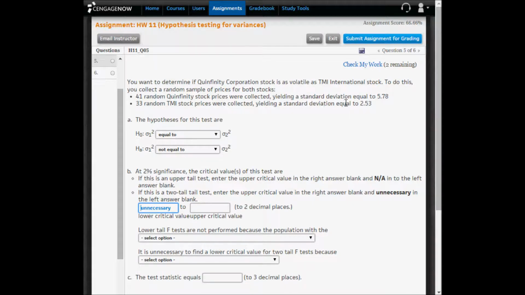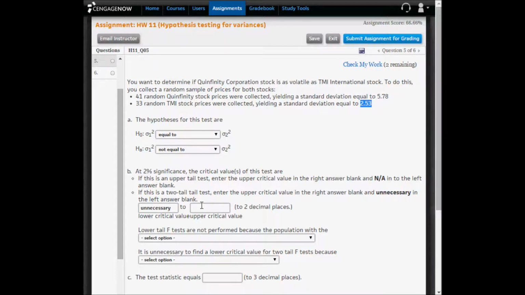Since the largest sample standard deviation is 5.78, then that corresponds to Quinfinity stock price. The sample variance, this squared, for Quinfinity stock price will be put in the numerator of the F statistic. And the square of this will be put in the denominator of the F statistic.